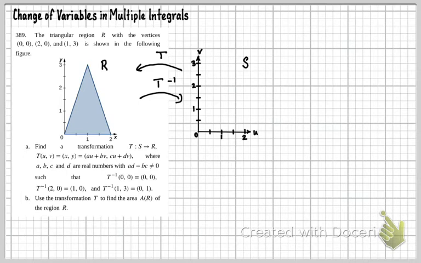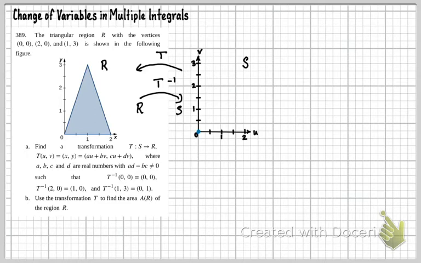So that means my points are coming from R, because now I'm going from R to S, and T is going from S to R. So my point (0, 0) is coming from here, and it's mapping to (0, 0), which will be here in S.